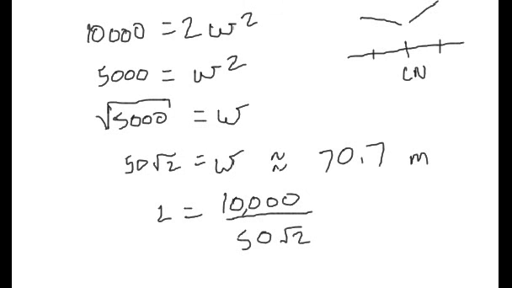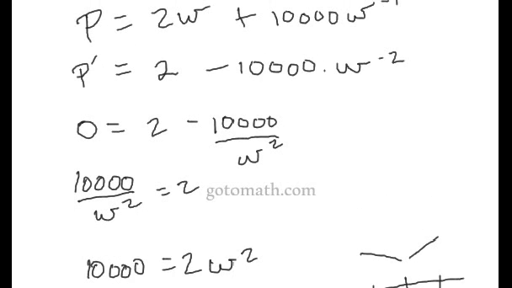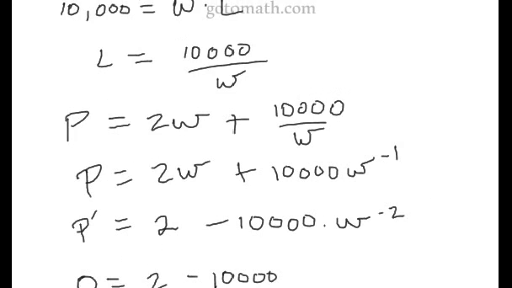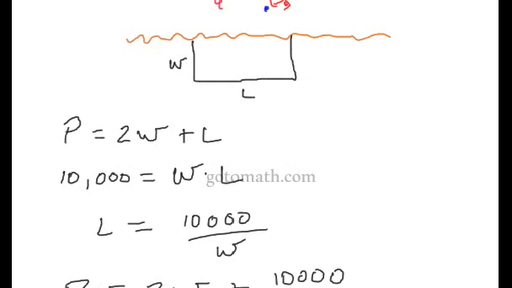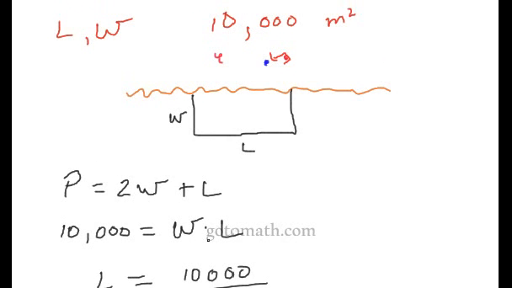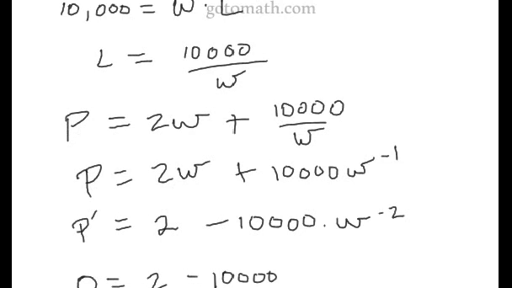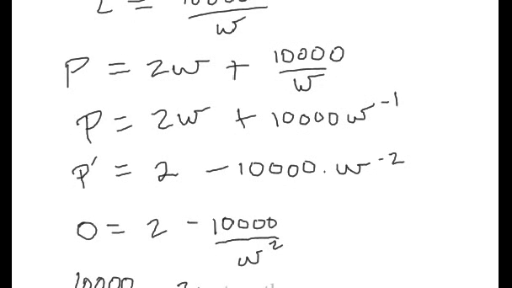The whole idea here is to find out what L and W are, what those values are. So we found L and W, and if you would like, you can take those numbers and plug them in to find the actual perimeter. And of course, I always suggest that you graph this and take a look at those numbers. And of course, what you want to graph is that guy right there, right?